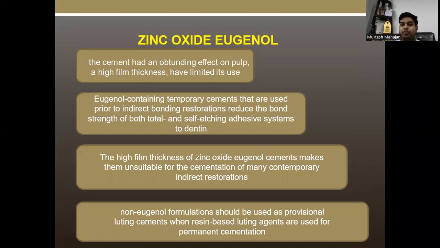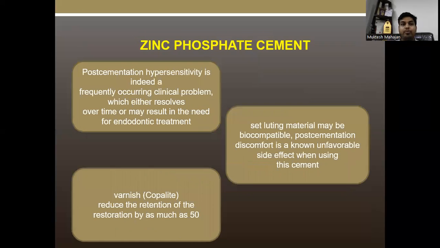Non-eugenol formulations should be used as provisional luting cement when a resin-based luting cement is used for the permanent restoration. Zinc phosphate cement: post-cementation hypersensitivity is indeed a frequently occurring clinical problem, which either resolves over time or may result in the need for alternative treatment.